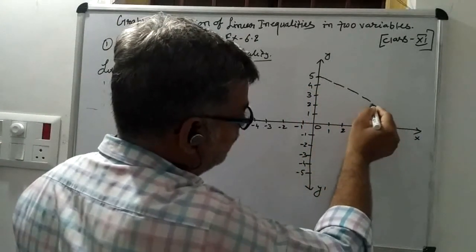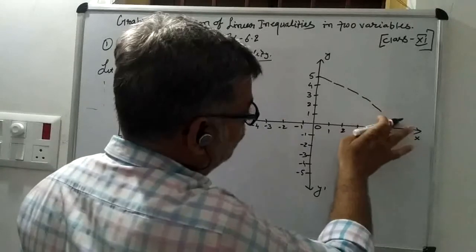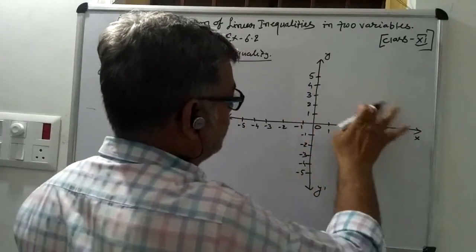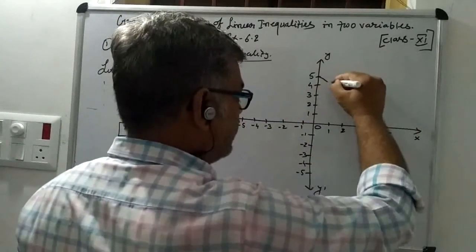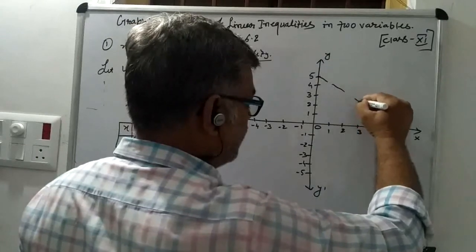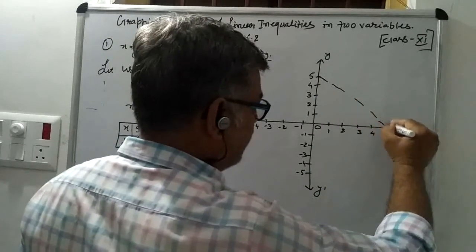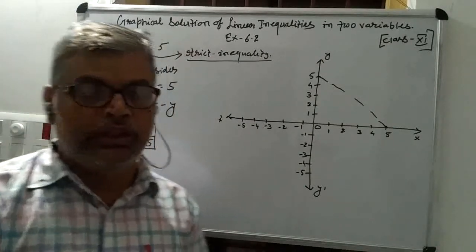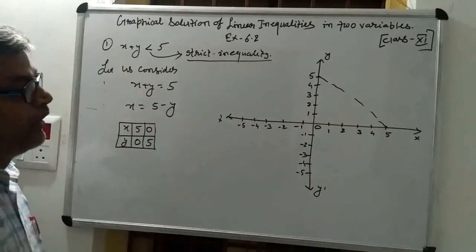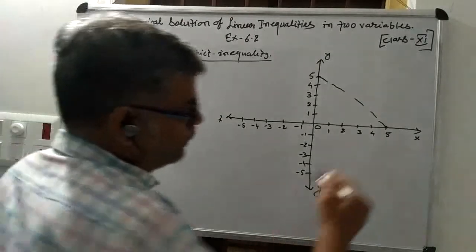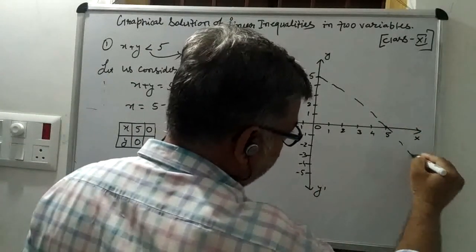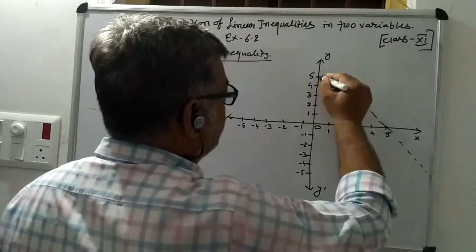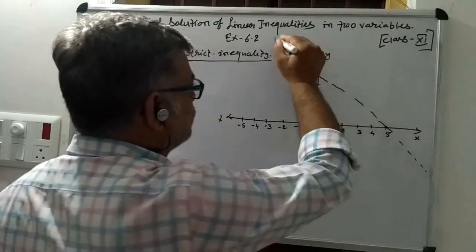Not, suppose, this is not the way to join it. Use a broken line. I will tell you why you have to use the broken line. So you may proceed in this manner also, and you may proceed on this side also.